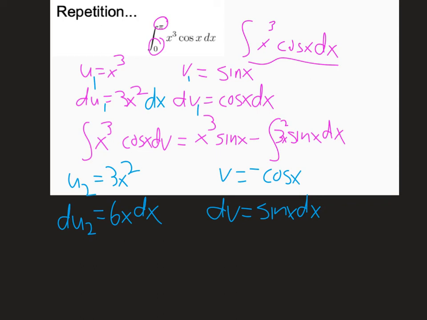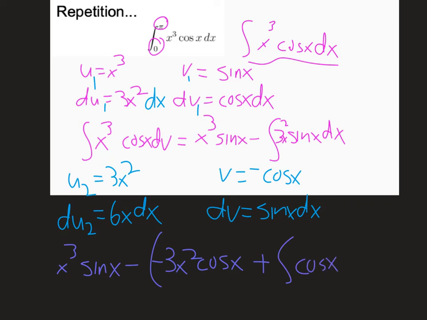So then I still have my x cubed sine x minus, u 3x squared, v negative cosine x, minus v, so plus the integral of v du. Oh, so 6x dx.